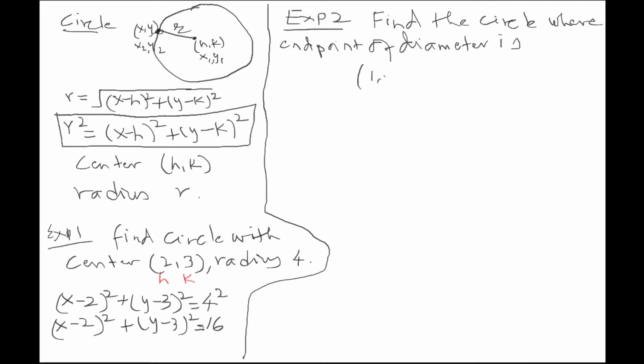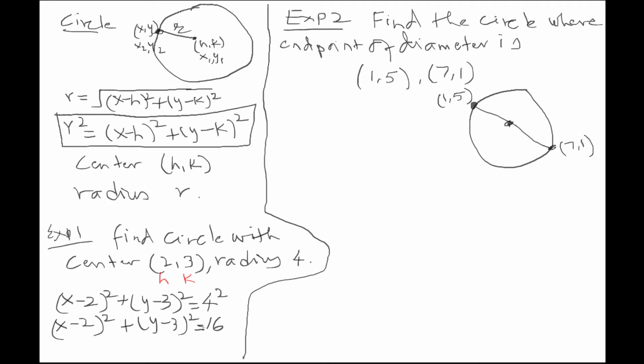Suppose this is the diameter and this is the center of the circle. One point is (1, 5) and the other is (7, 1). We don't have the center.